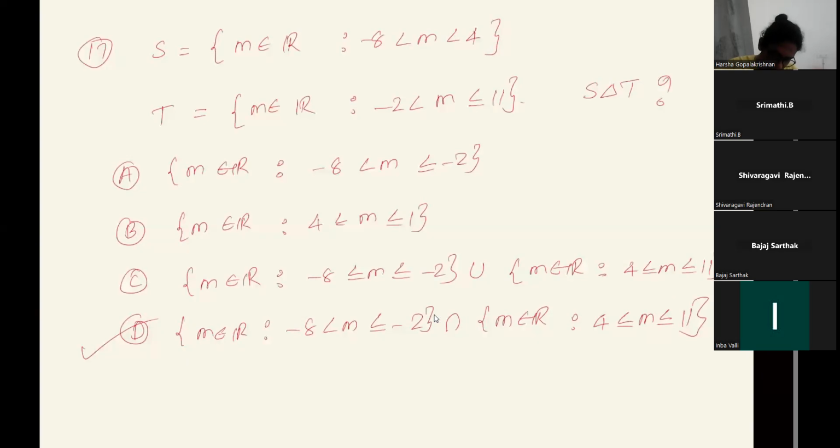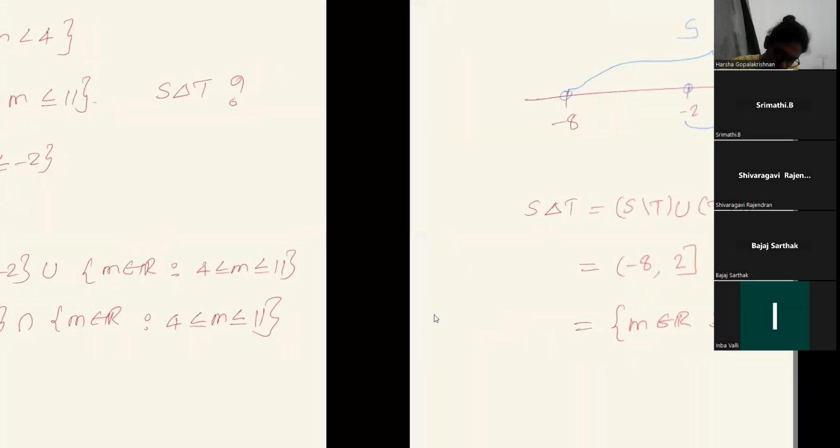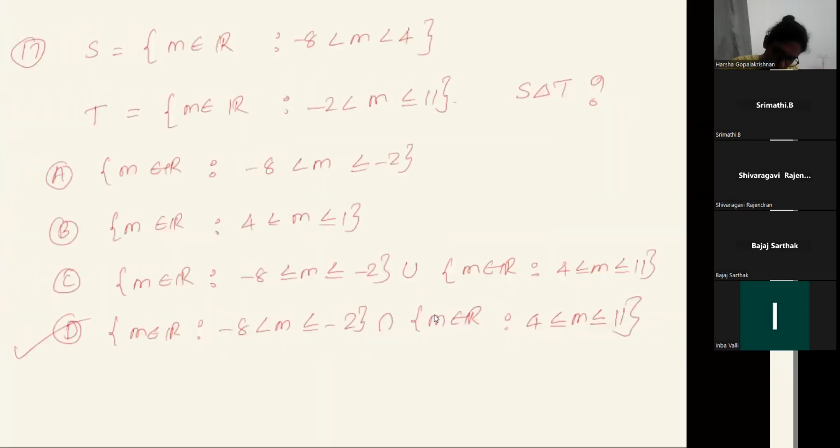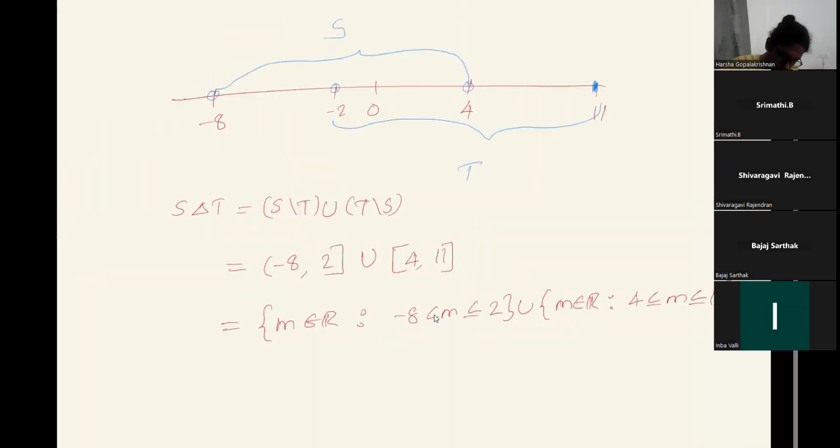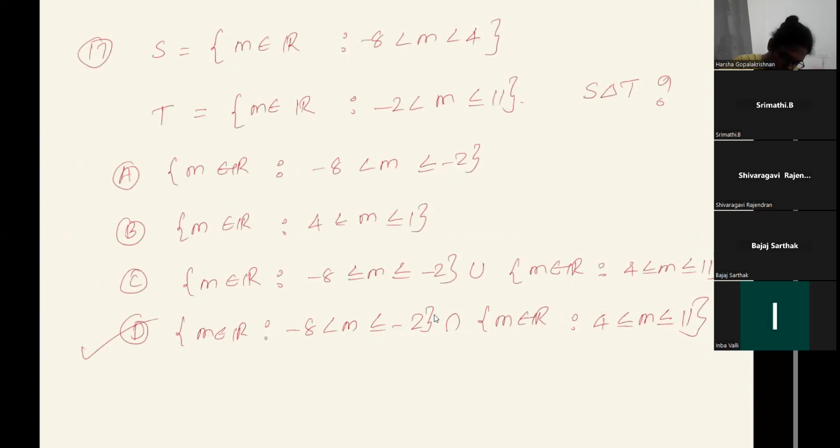Sorry, not D. There should be a union like in D. It is option C, but -8 is not included in our answer, right?